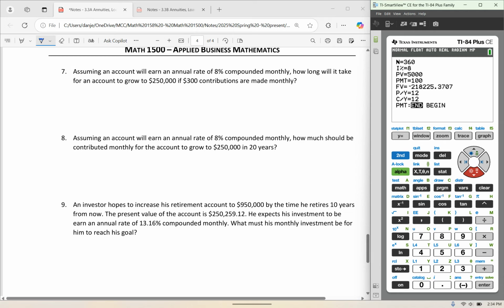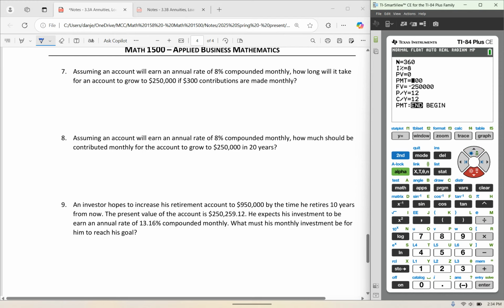There's no mention of an initial amount, so we're going to assume that our present value is 0. We're making $300 contributions monthly, so P/Y stays 12. We want our account to be worth $250,000, so again, we want to withdraw $250,000 at the end of the 30 years.